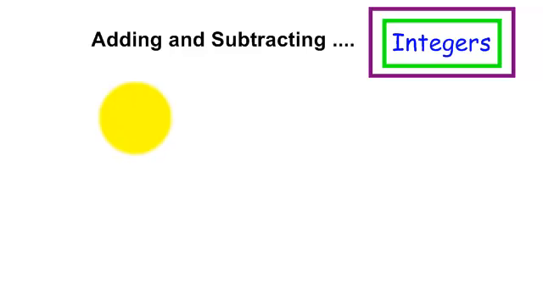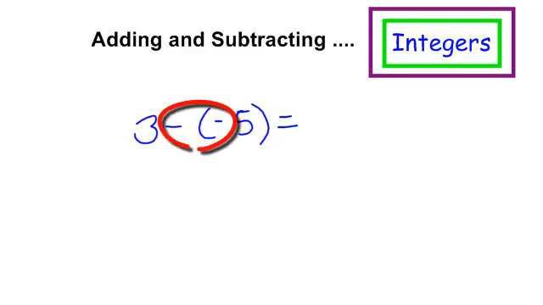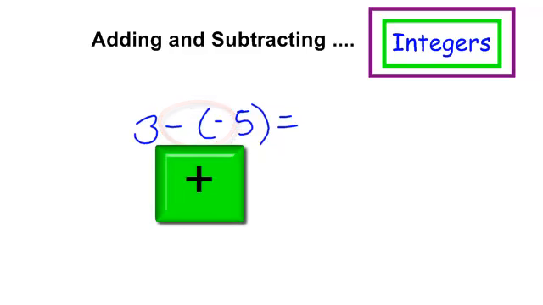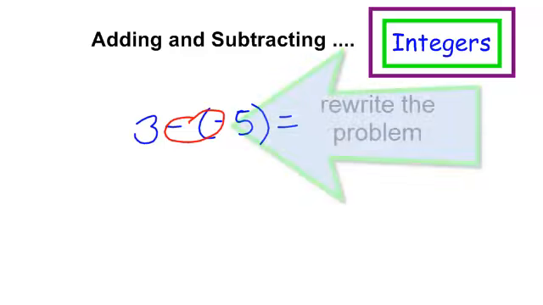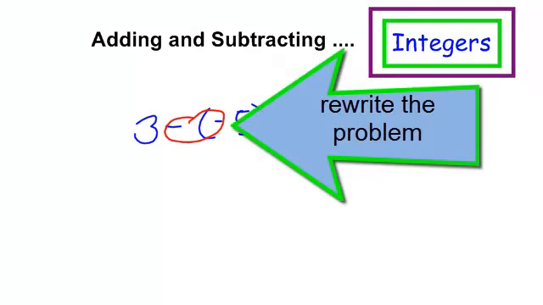Okay, I want to show you one more thing. If I had 3 minus a minus 5, whenever you have minus a negative, those are 2 negatives side by side. It's as if I'm multiplying this negative times a negative. That will be a positive. When you see 2 negatives side by side, before you do anything, rewrite that problem.